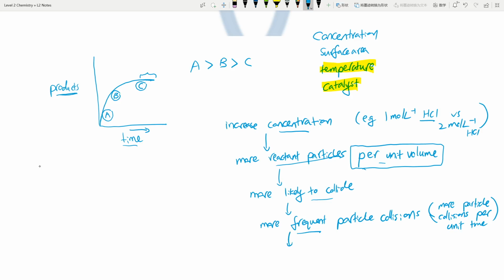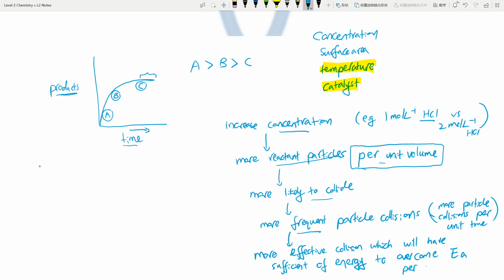Therefore, there will be more effective collisions, which have sufficient energy, and don't say force, I'll get to that in a bit, to overcome the activation energy, EA, per unit time.